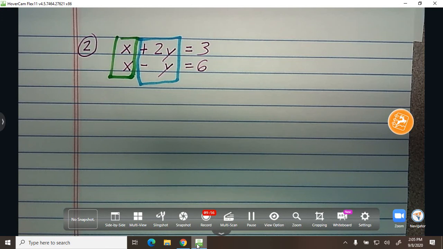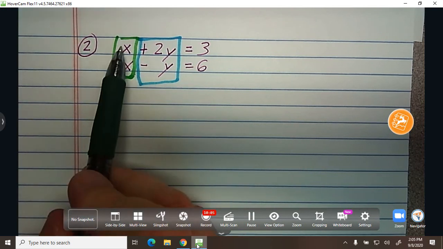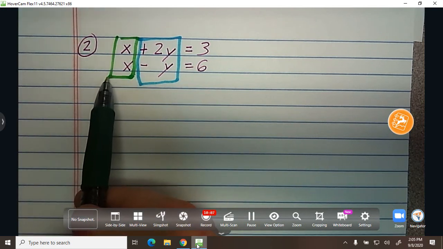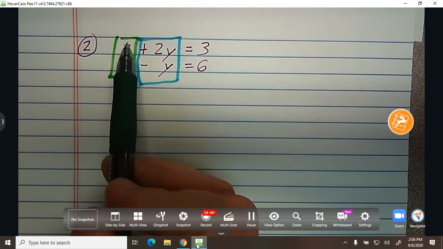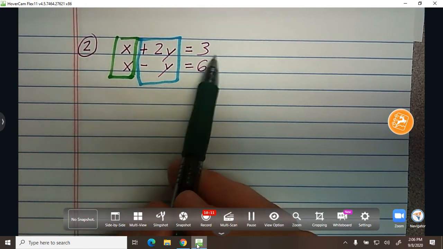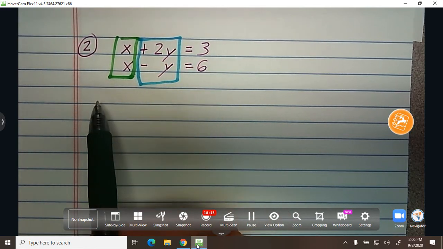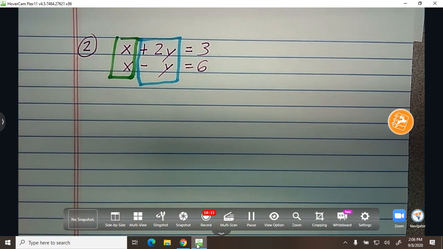And so which one do you want to eliminate, the x's or the y's? X's. So this is 1x, 1x. We want one of those to be a negative 1x. So you get to pick. One of these, you're going to multiply by negative 1, your choice. I like to do the second one. So I'm going to multiply this by negative 1.